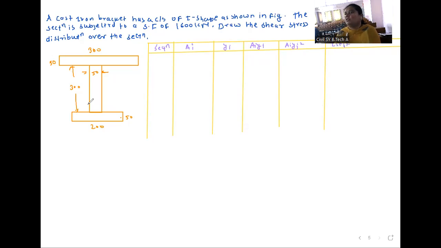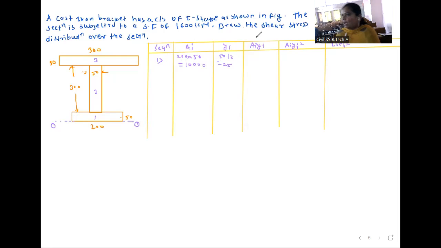Okay, so first we will divide into three parts, first, two, and three. First we will deal with this first section. For this, area is 200 into 50, which is equal to 10,000. After that yi, we are calculating from this base, which we will call the 1 axis. So 50 by 2, nothing but 25.